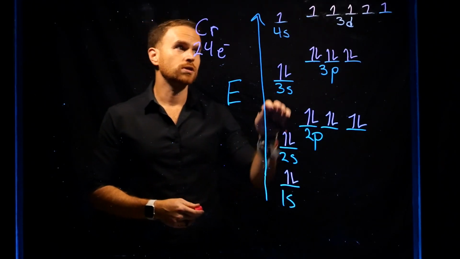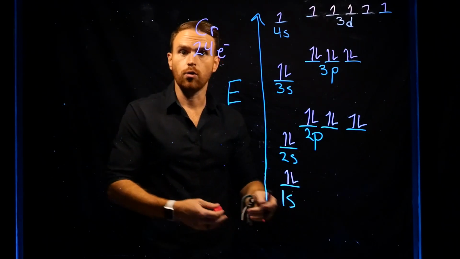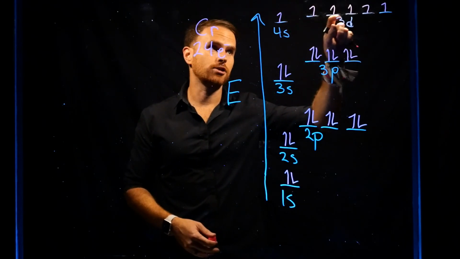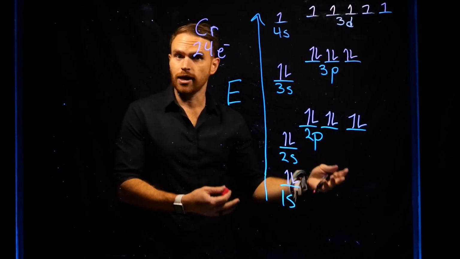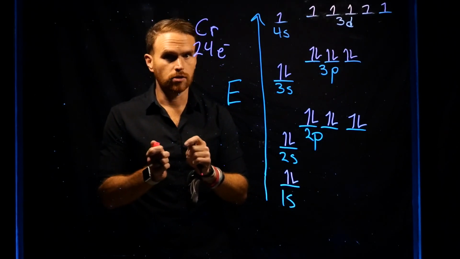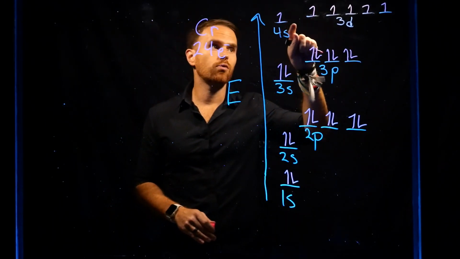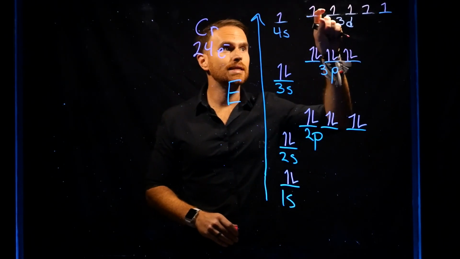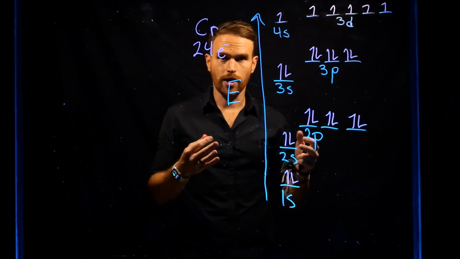So as a result, the electron configuration that results in a lower energy or a more stable configuration is when you actually do take that electron and fully populate all 5 of the d orbitals with electrons all going in the same direction.